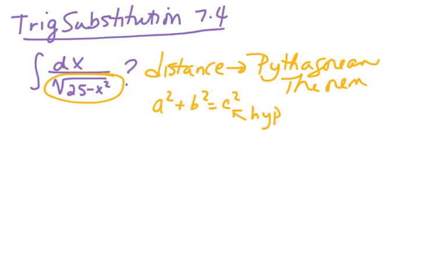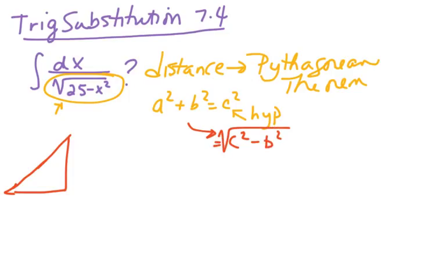So when I see something like the square root of 25 minus x squared, I could lay down a right triangle and try and define the pieces. If I were to solve for a leg using the Pythagorean theorem, I would get c squared minus whatever leg you choose, b squared.